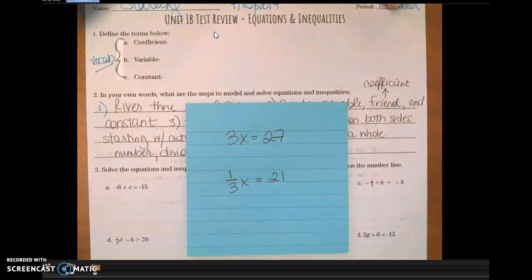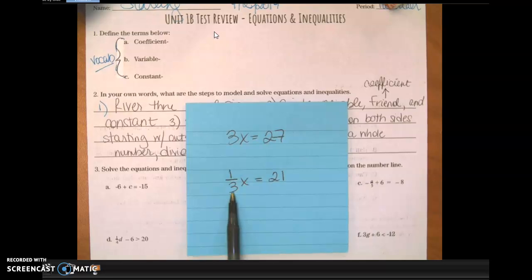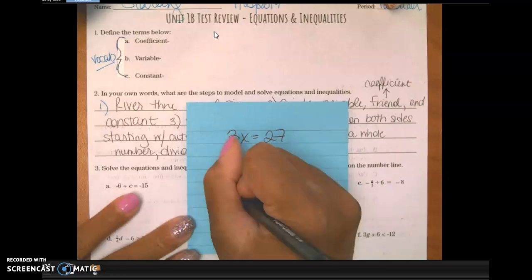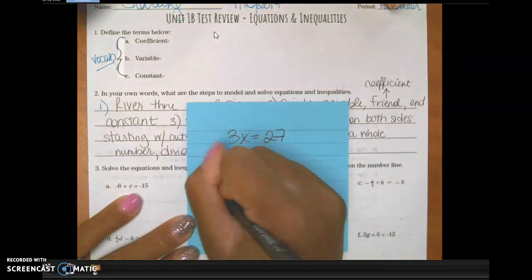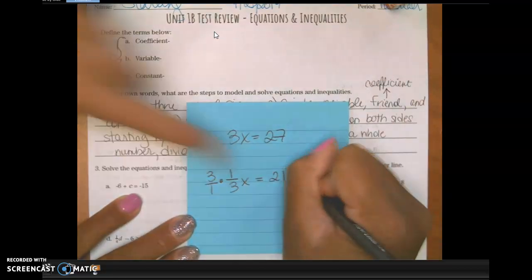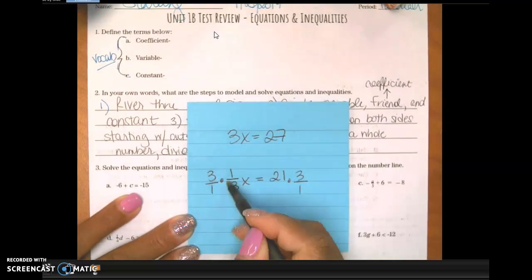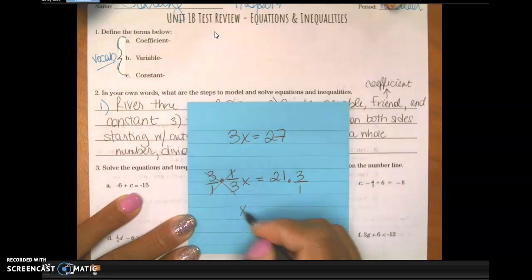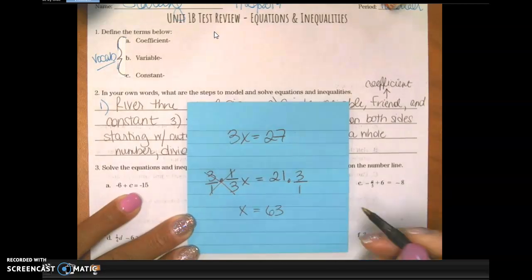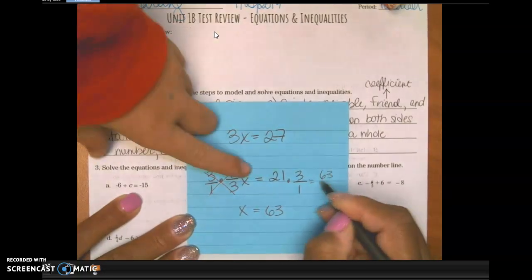Multiply by both sides. What do I have to do if my friend is a fraction? Flip it, keep it, and then multiply. So, 1/3 and 3/1 cancel out. X is equal to 63, because this will be 63/1.